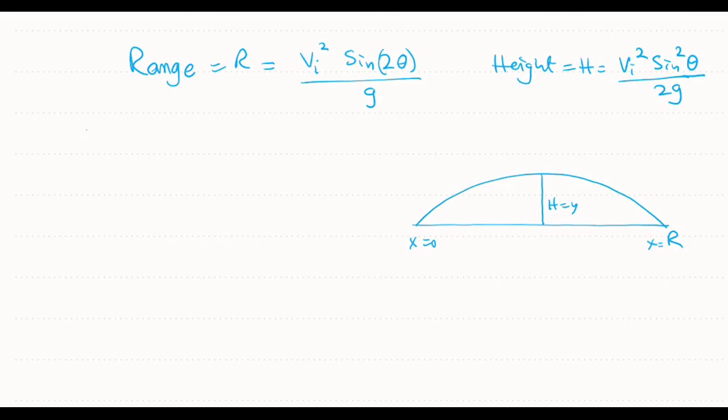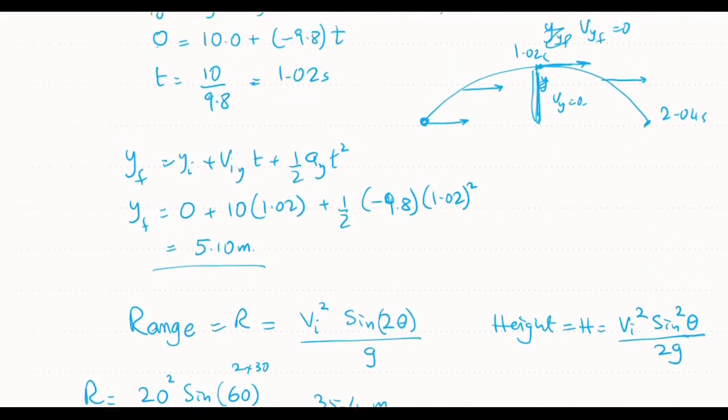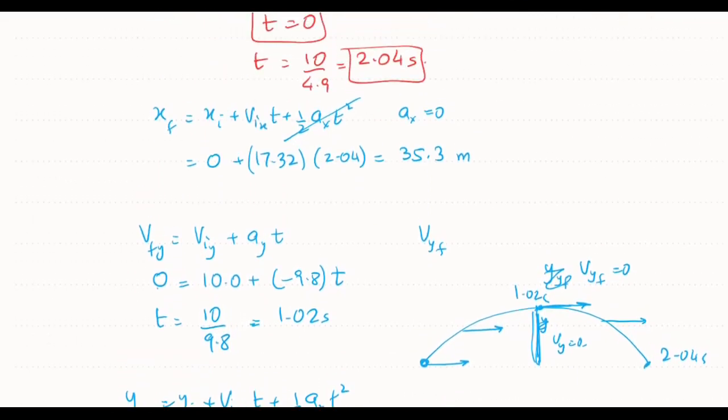So for our problem, R would be v initial, which was 20, square, sine of 2 theta, so that was 2 times 30, so it's sine of 60, over 9.8. And when we solve this, we get 35.4 meters. It's very slightly different from what we had before. We had 35.3, and that's because of rounding.